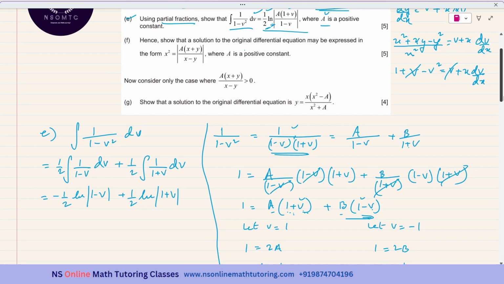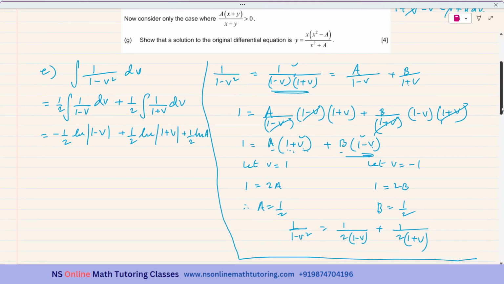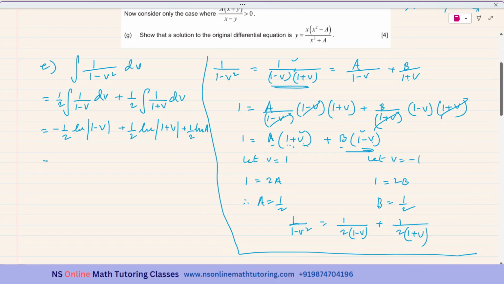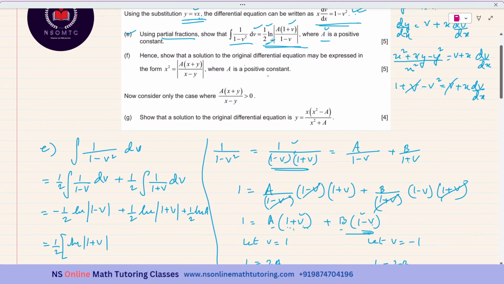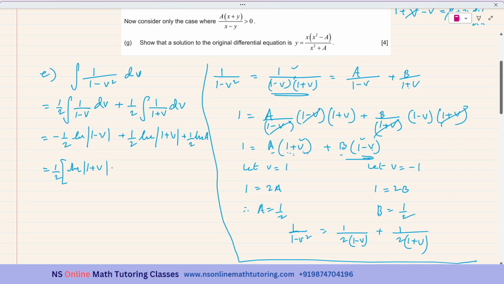So let me write the c expression as half ln of a, because if you write it as plus c, you will never be able to come to this form. So now it is just taking the half out and then I can write this as ln of 1 plus v, and I have not put the absolute value notation for ln of a because they have said a is a positive constant. Okay, so plus ln of a I can write and minus ln of 1 minus v.